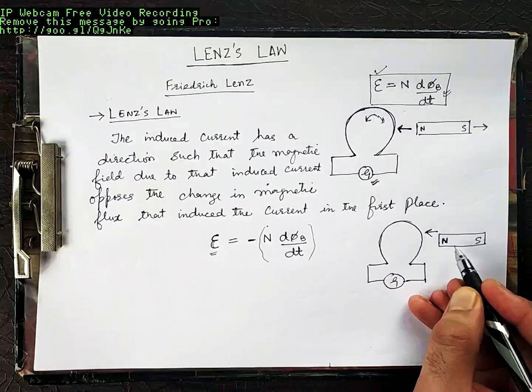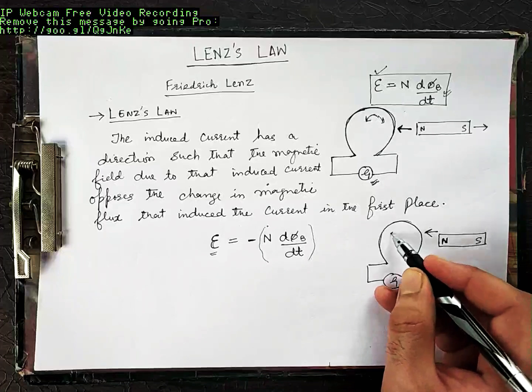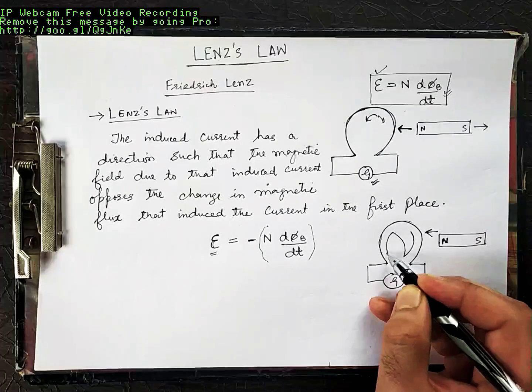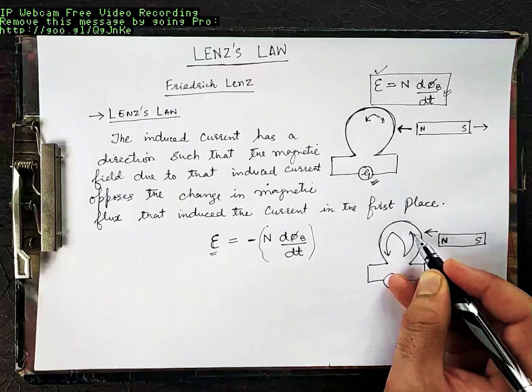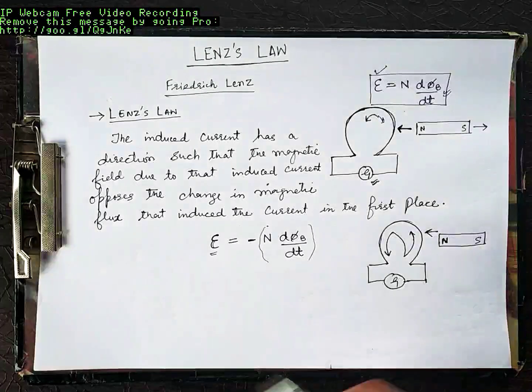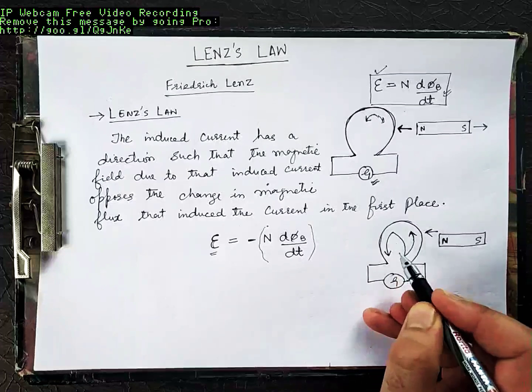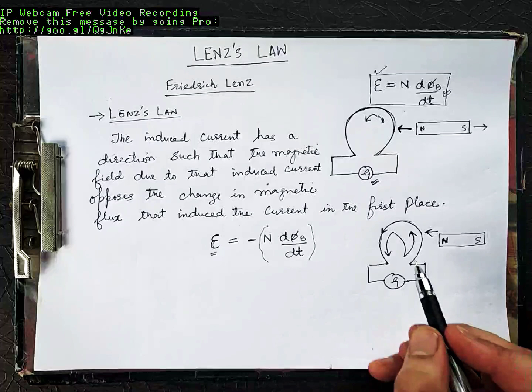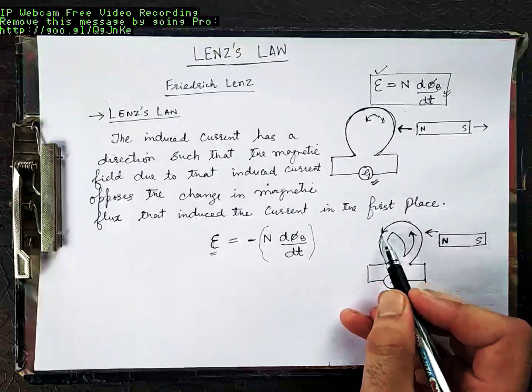Looking from the magnet side, this should be a north pole. We already know this from our earlier lectures. This should be the direction of current. This is anti-clockwise. So in this case, current will flow in anti-clockwise direction.